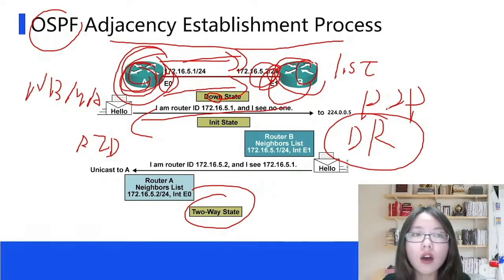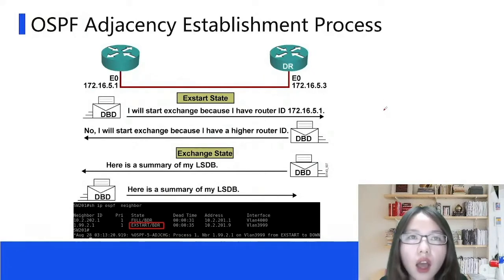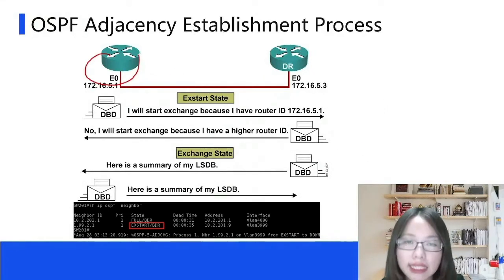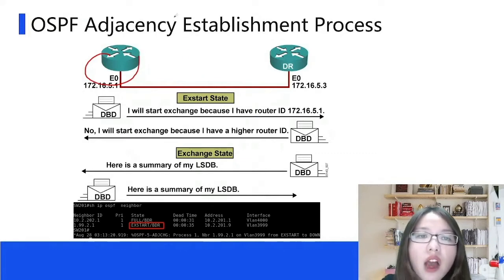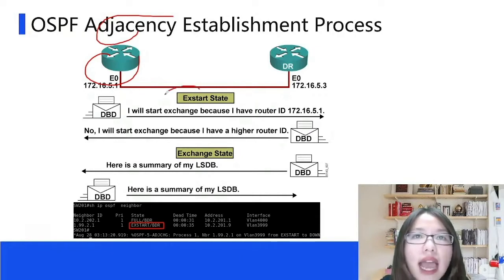After the DR election is completed or the DR election is skipped, the OSPF adjacency relationship is established and the ExStart state is entered.